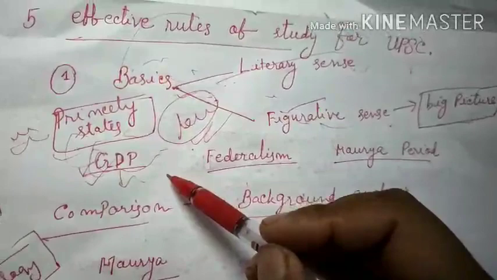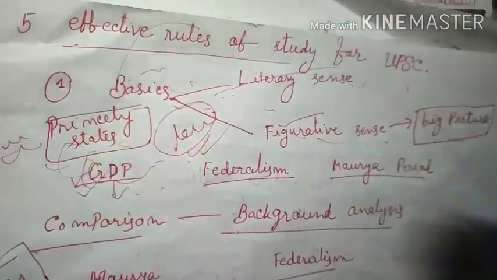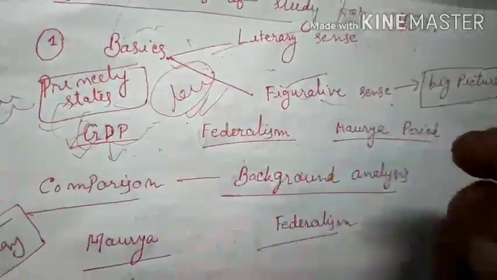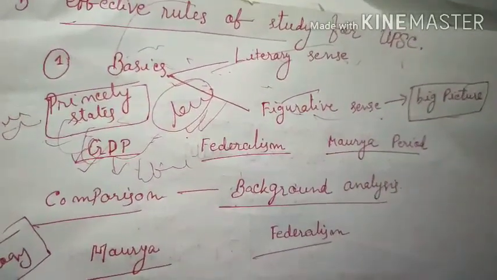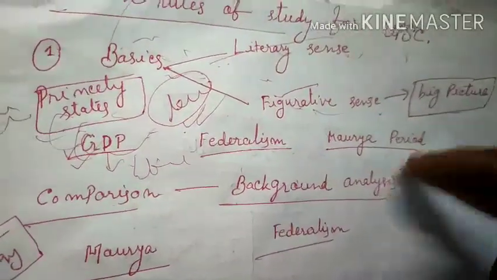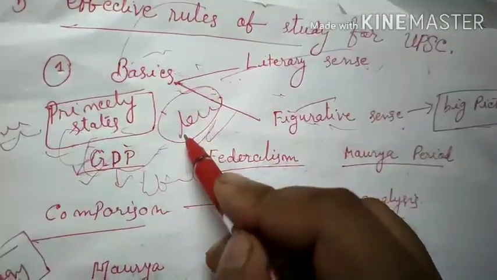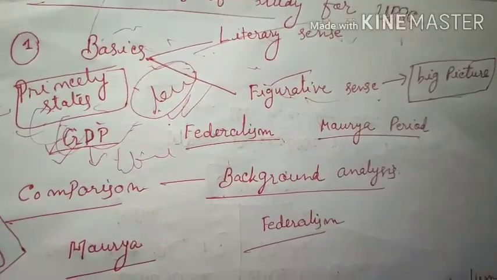For example, GDP. When we know the basics of GDP, how many years are counted, what is the gross value, right? After knowing these basic implications, we try to find out the picture of how it impacts the economy. What is its relation to the economy? Princely states: what is the present orientation of princely states? Federalism: what is the implication of federalism?